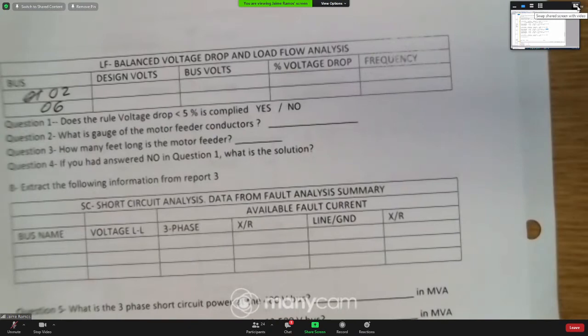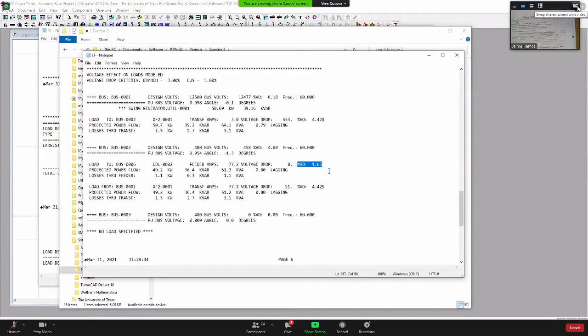So for bus 06, design volt is 480, bus 02 to, okay. So this may be written like this, perhaps.